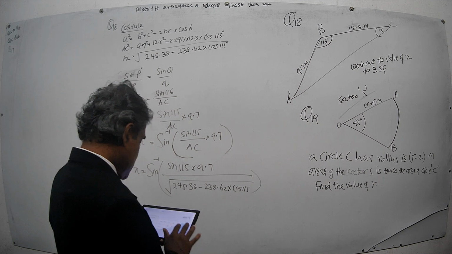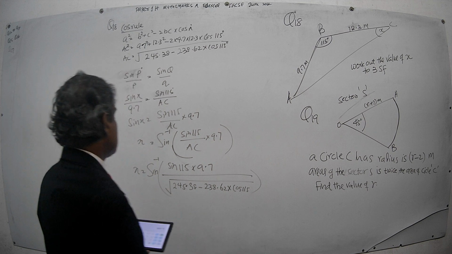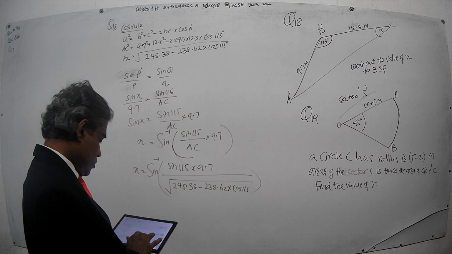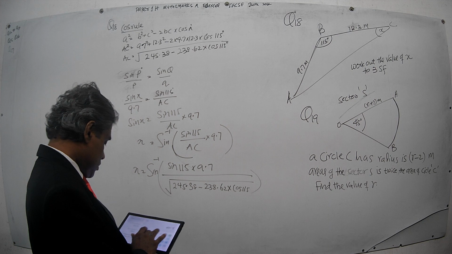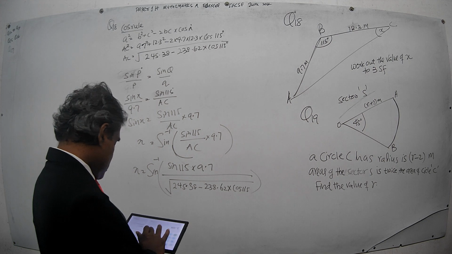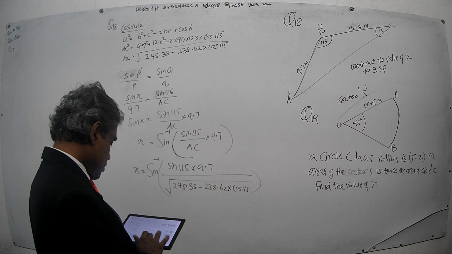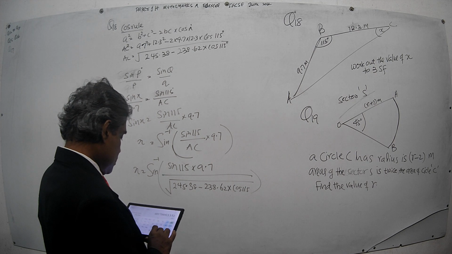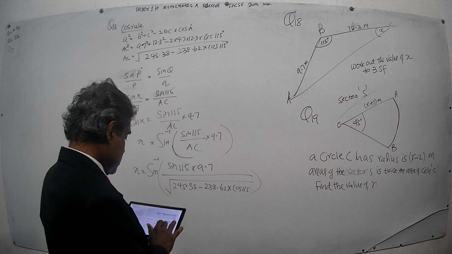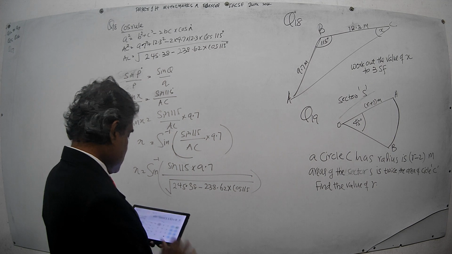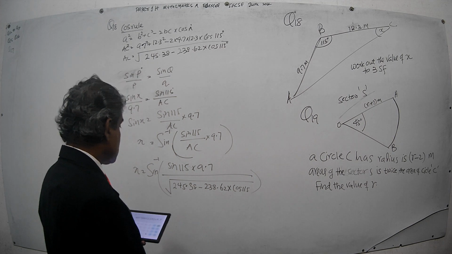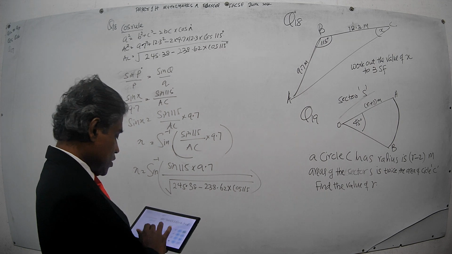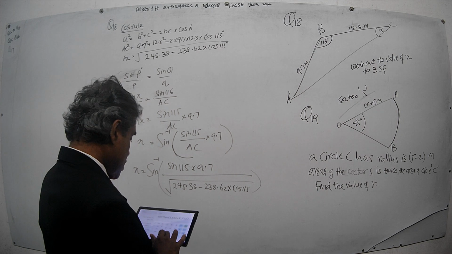Inverse sine of sine 115 into 9.7, divided by the square root of this thing.